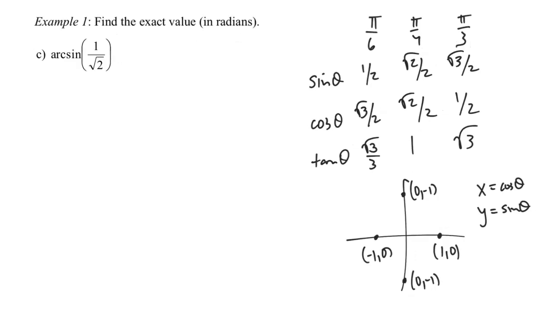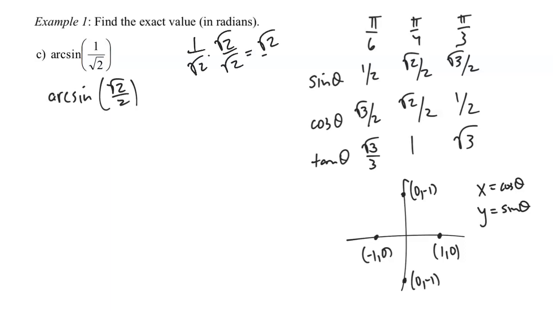Okay, here on letter C, don't be deceived here by 1 over the square root of 2. This is just another way of saying arc sine of square root of 2 over 2. Because of rationalizing, if I were to take 1 over the square root of 2 and multiply by square root of 2 over square root of 2, then that would give me square root of 2 divided by 2.